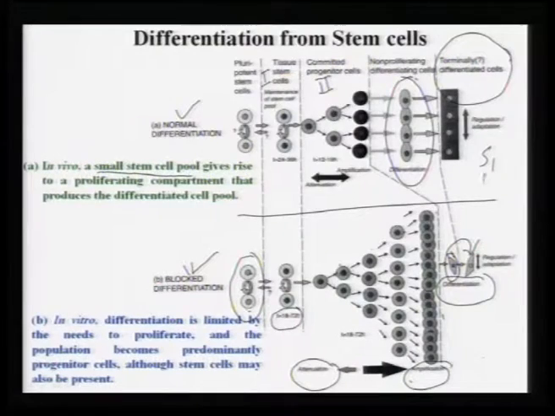It's just like, as I said, in the cell cycle, it was going from S1, G, S2, M. Once it passes the checkpoint between S1 and G, the cell is committed to enter G, and once it goes to the checkpoint from G to S2, the cell is committed to enter S2 phase. Similarly, this commitment means now this progenitor cell must differentiate; it cannot go back to the earlier position. Okay. So, this takes place in an irreversible manner.